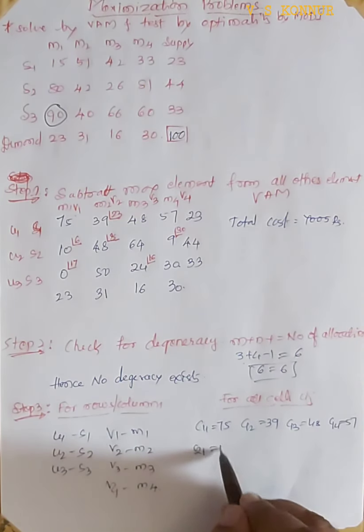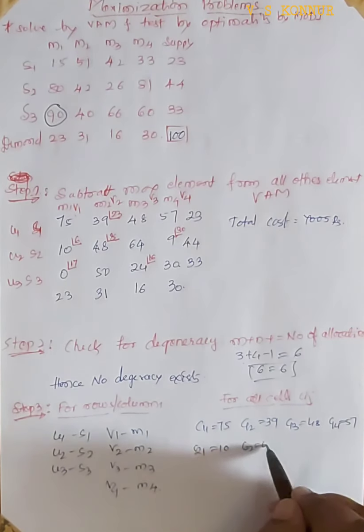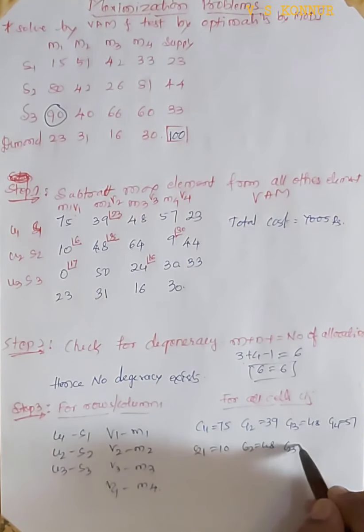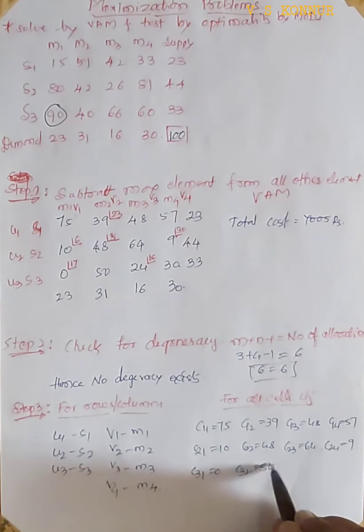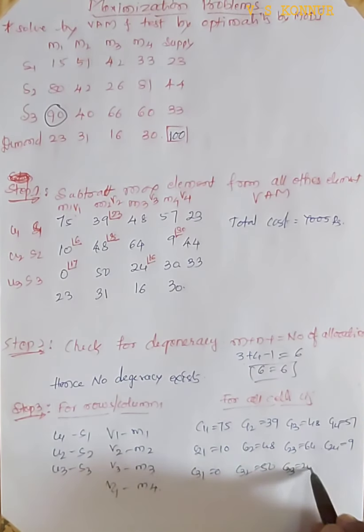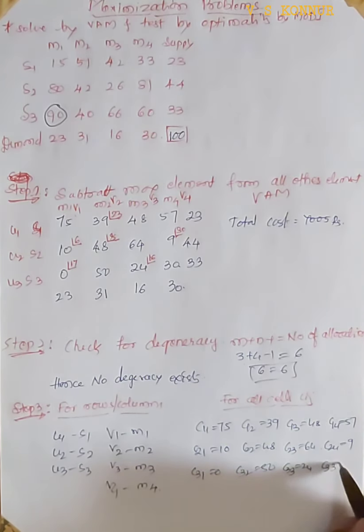Next C21 is equal to 10, C22 equal to 48, C23 equal to 64, C24 is equal to 9, C31 equal to 0, C32 equal to 50, C33 is equal to 24, C34 is equal to 30.